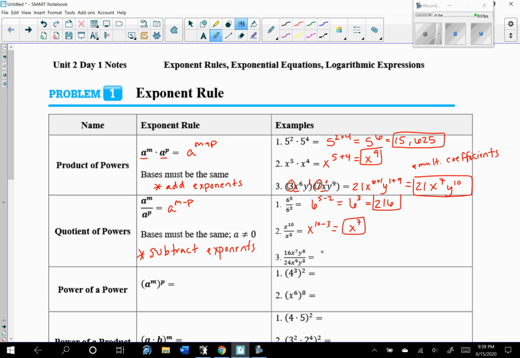So we have the 16 over 24, which we want to reduce, times x to the 7 minus 9, times y to the power of 8 minus 3. 16 over 24 reduces to 2 over 3. Then we have x to the 7 minus 9, which is x to the negative 2 power, and 8 minus 3 is y to the 5th.